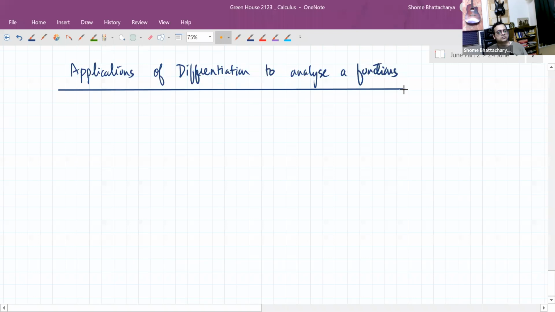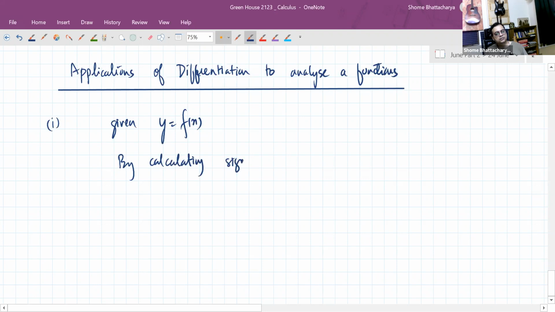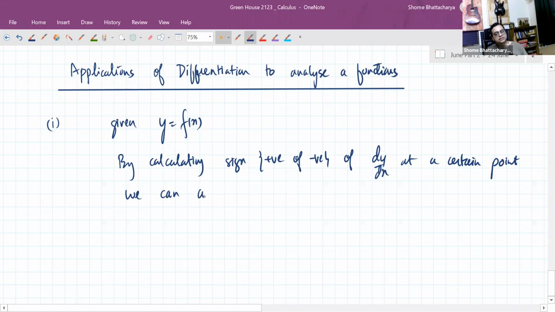The first aspect of a function that we can analyze is that, given any function y equal to f(x), by calculating the sign, that is positive or negative, of dy/dx at a certain point, we can analyze if the function is increasing or decreasing at that point.